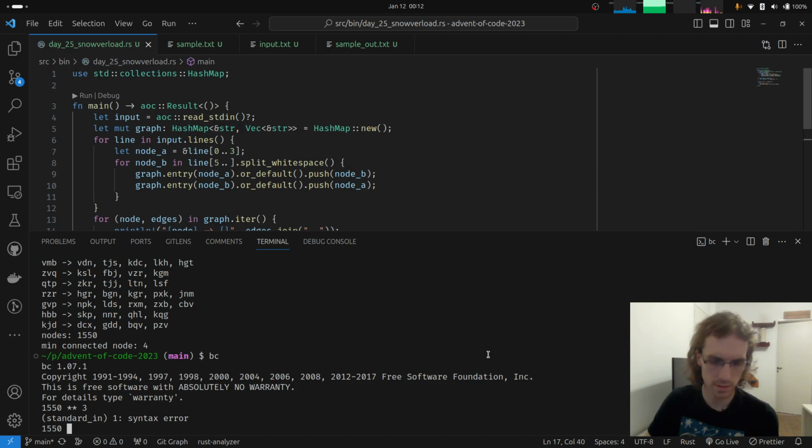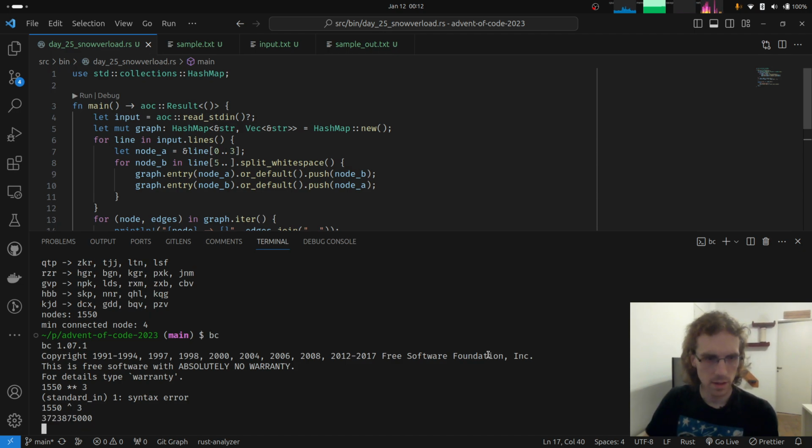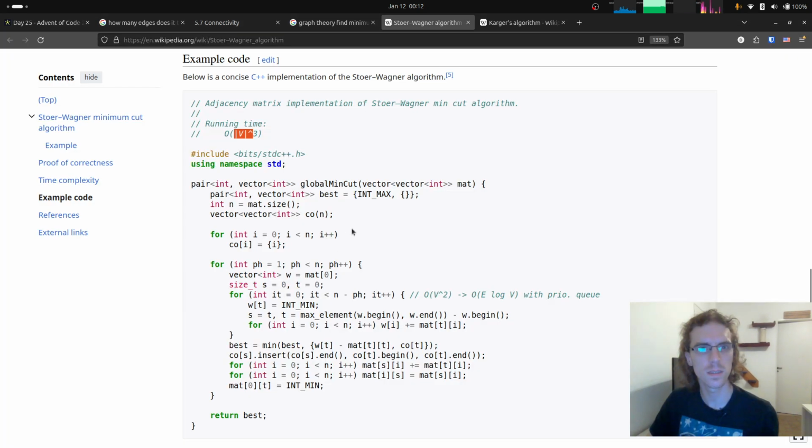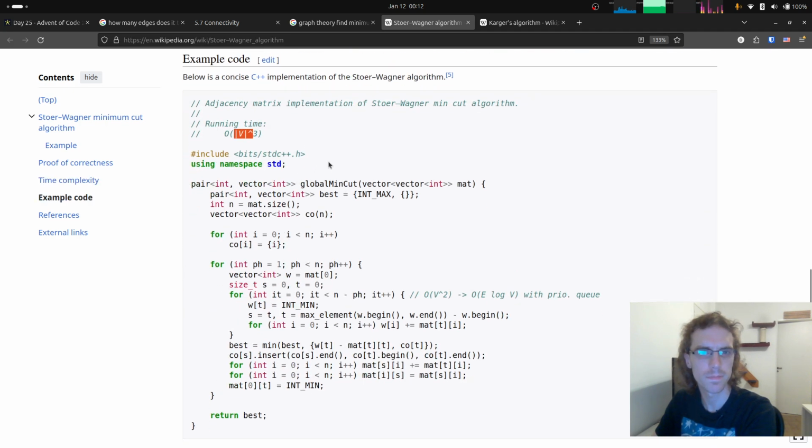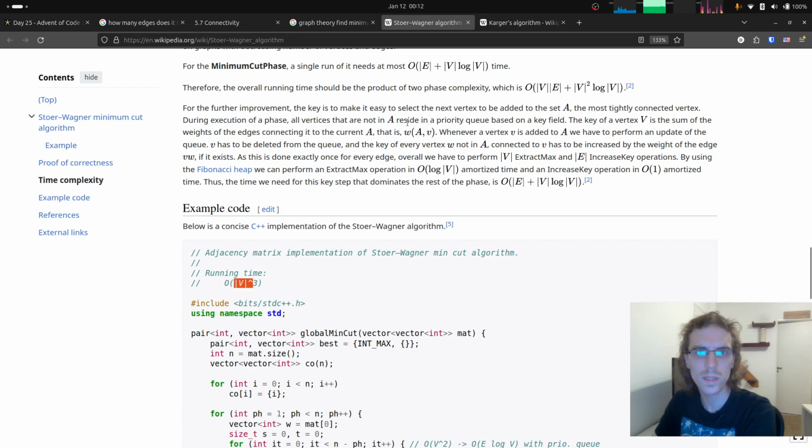Standard calculator. So, well, it is a bit long, 3 billion. Maybe this is not the greatest thing to do, but I mean, we can try it.